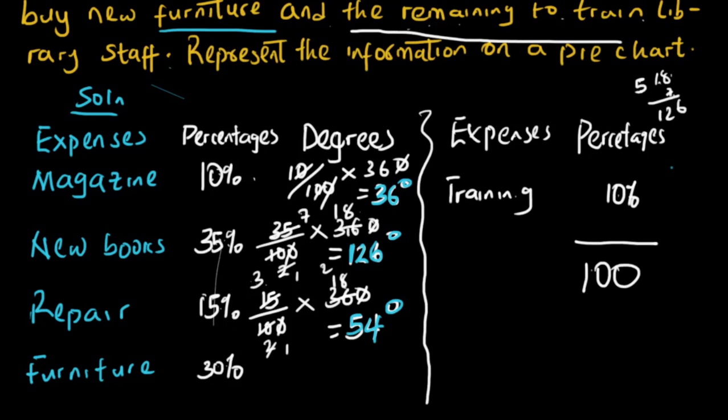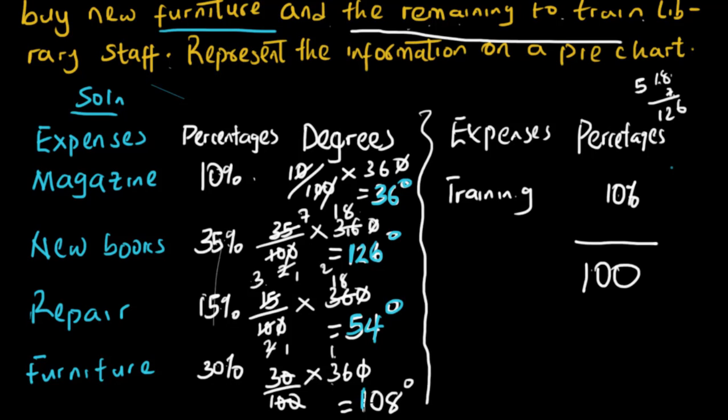Now let's do the next one. So for the next one, we have 30 over 100 times 360. 0 cancel 0. 0 cancel 0. We are left with 3 times 36. 3 times 6 is 18. 8 carry 1. 3 times 3 is 9. 9 plus 1 is 10. So we have 108 degrees.